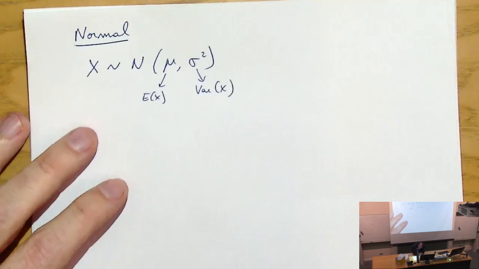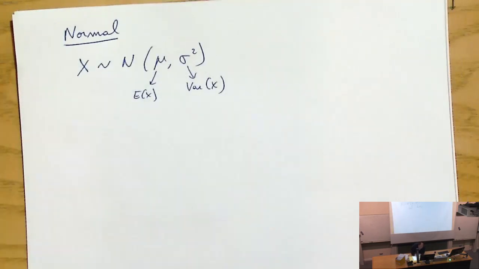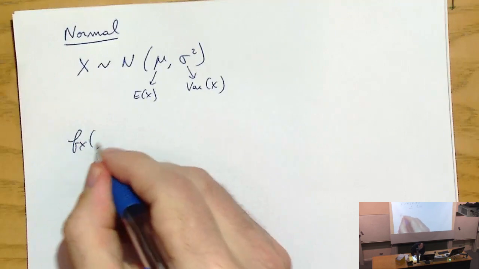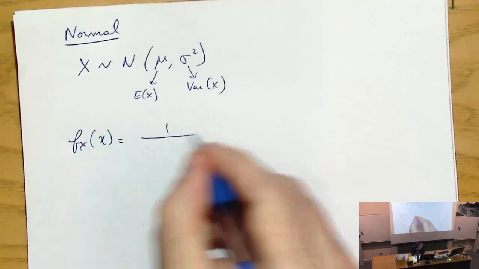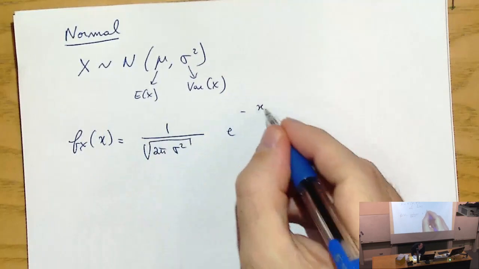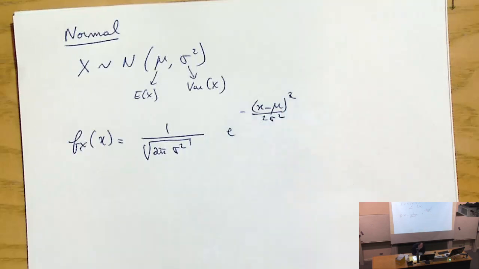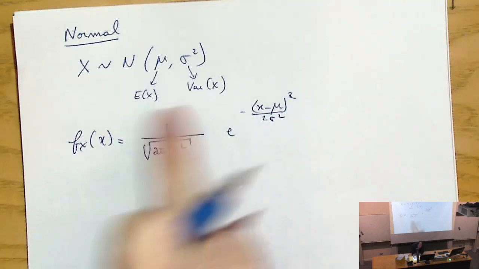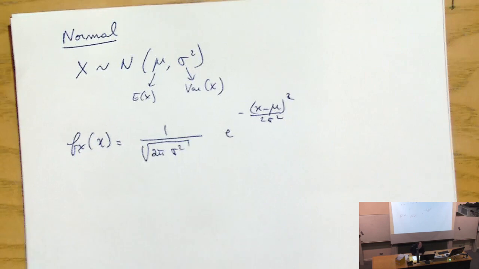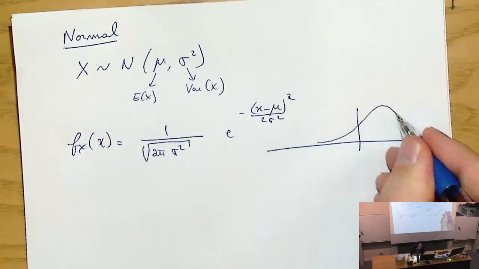So what is the PDF of a normal random variable? It is given by this, a very well-known expression that you may have seen in your A level. It has a certain shape, this kind of bell shape, very symmetric, right?